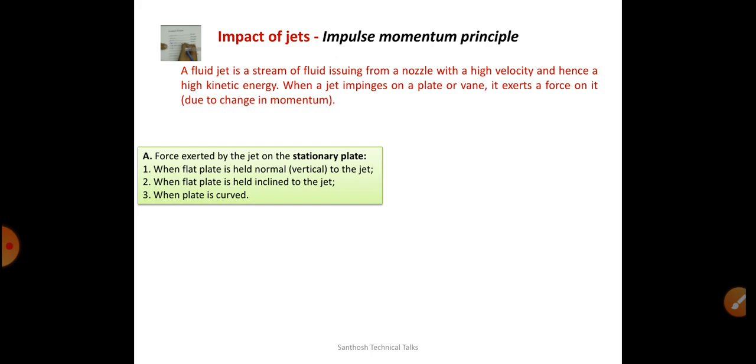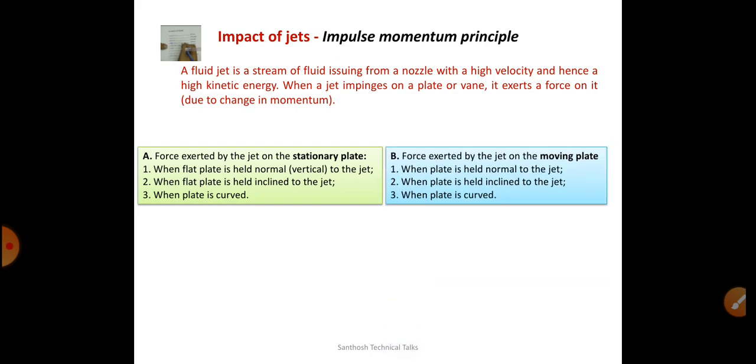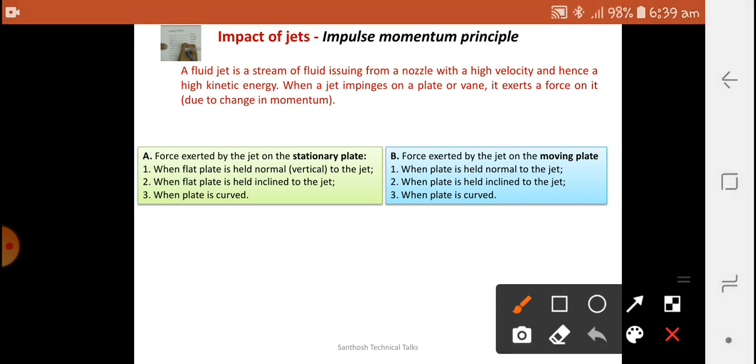We have two conditions: the force exerted by the jet on a stationary plate and on a moving plate. In different conditions, we can calculate and better know the impact of force, or impact of the jet. In a stationary plate, the plate is held normal to the jet, or the plate is inclined to the jet, or the plate is curved.